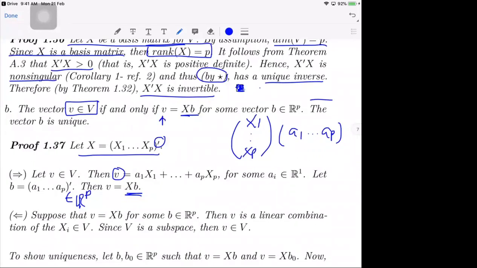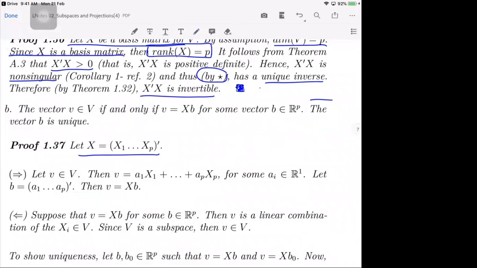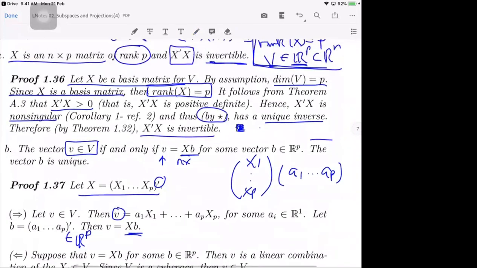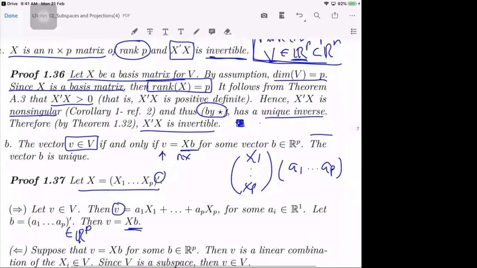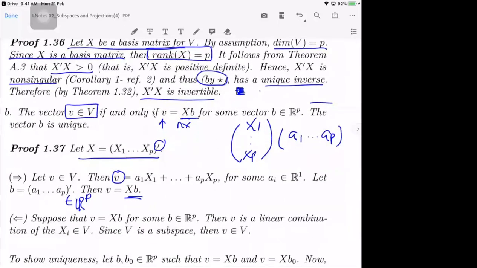Vector B is, this is N by, mali ko, N by P. P is P by 1. So dapat N by 1 mo gawas. So bali ni siya N by 1. N by 1.